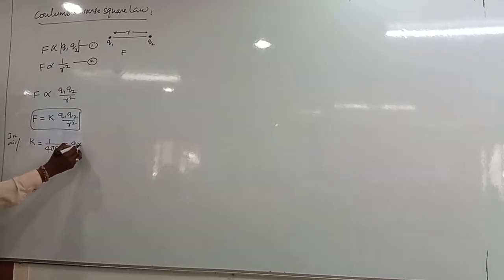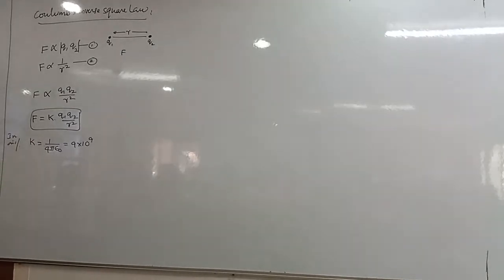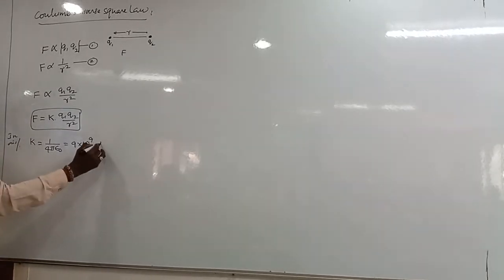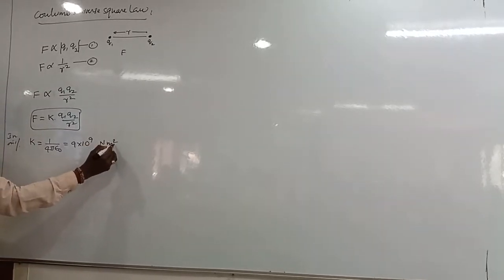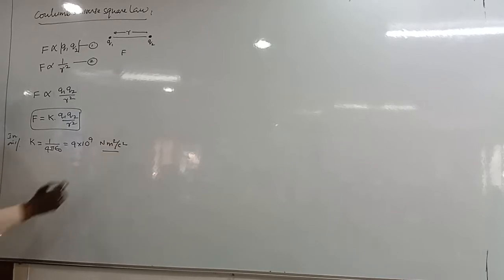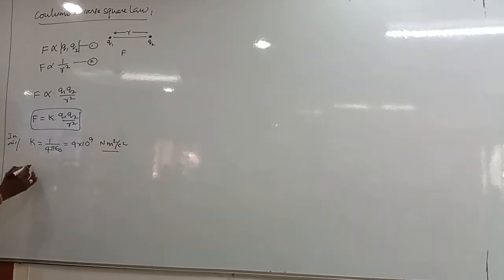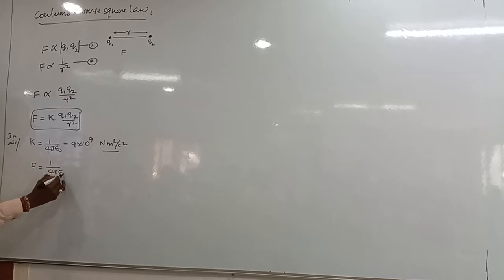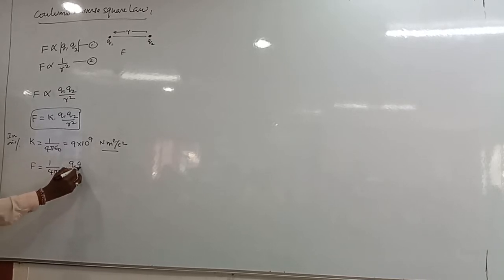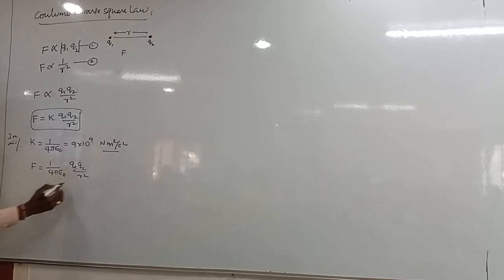Its value is 9 into 10 to the power of 9, Newton meter square per Coulomb square. So that F is equal to 1 by 4 pi epsilon naught into q1 q2 by r square.